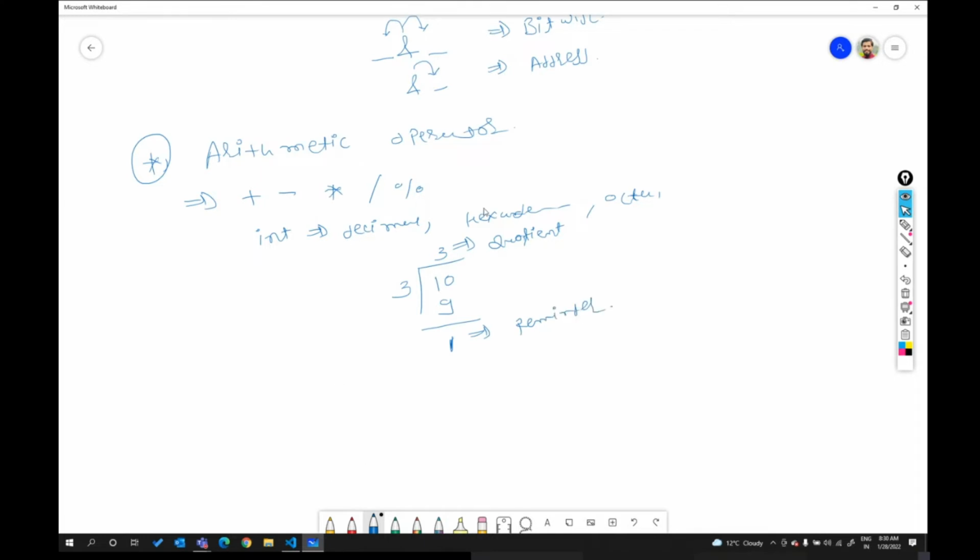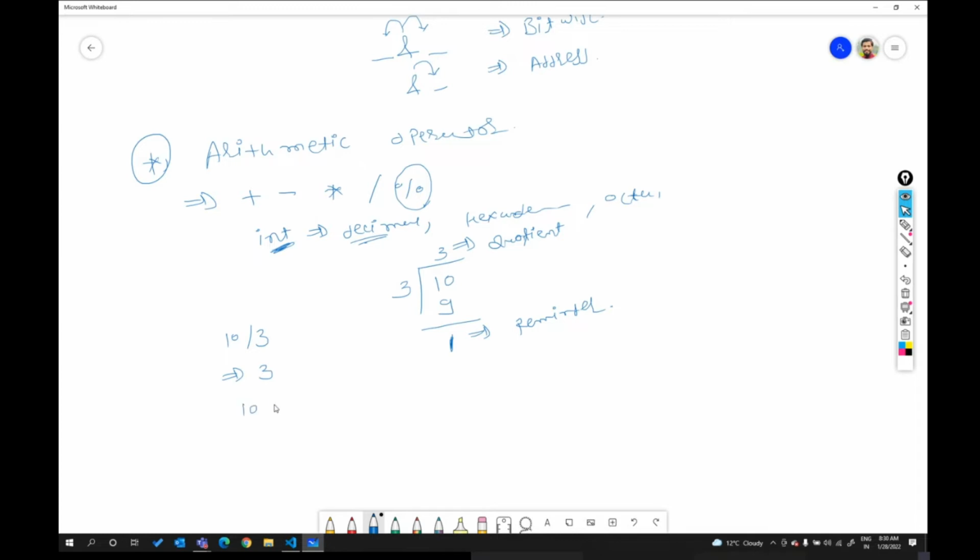So in the case of integer or decimal values, once I do 10 divided by 3, it will give me the output 3, the quotient. If I want to find my remainder, at that time we will use the modulus operator.